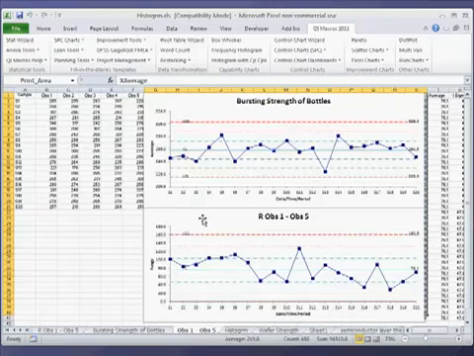And the X chart produces a range chart, which shows the variability between each one of these subgroups, and also the actual chart itself. So this is the range between groups here, the range between this group and that group and the next group. And this one is actually showing our variability. Now, since there's no red points here, this means our process is stable. We can count on a bursting strength of 264 and varying between 220 and 308.